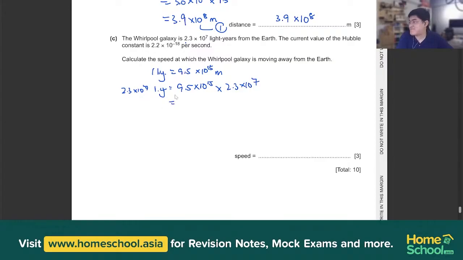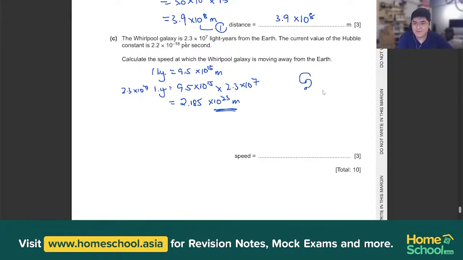Now we do the maths. Okay, 2.185 times 10 to the power of 23 meters. Now we have the distance of Messier 51, the Whirlpool galaxy, in meters.